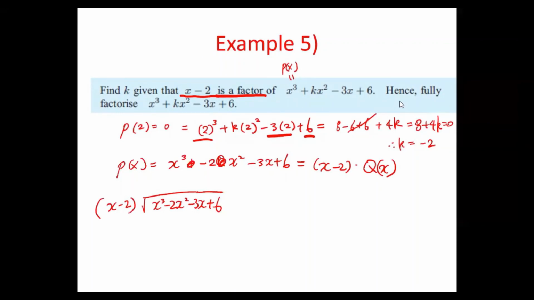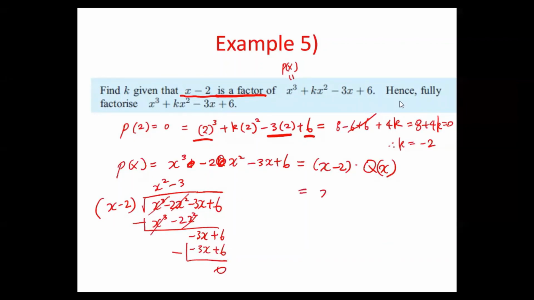And then you should have no remainder because it's a factor. X squared, you multiply x squared for both terms, and then you have minus 3x plus 6 just carried over. So you are going to multiply negative 3 there. So negative 3x plus 6. It's very clean. No remainder, as we expected.